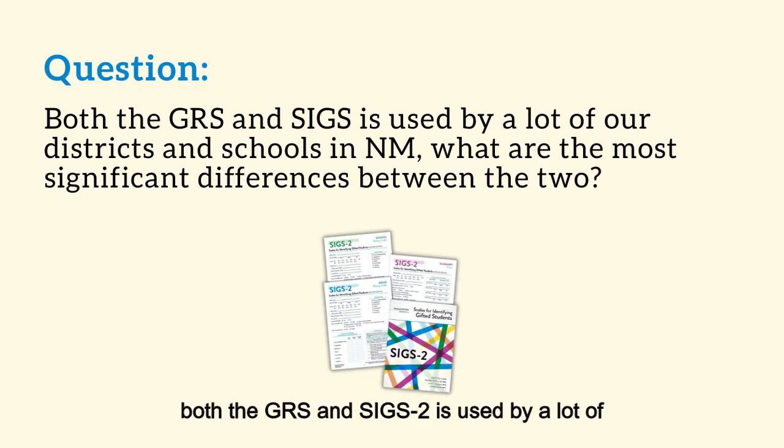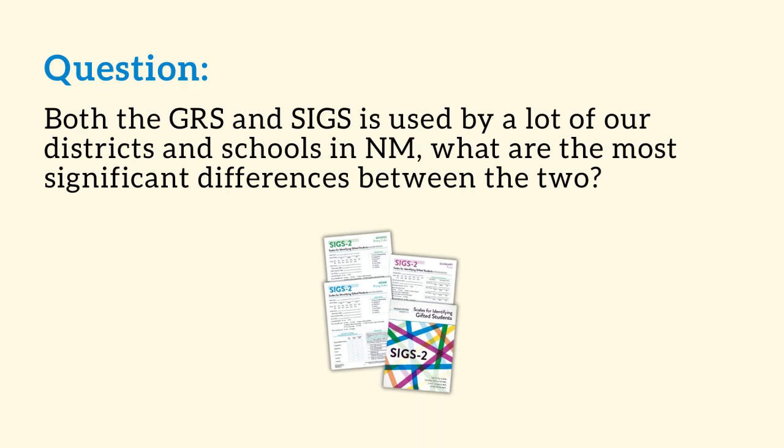First question from the audience. Both the GRS and SIGS are used by a lot of our districts and schools in New Mexico. What are the most significant differences between them? Good question.